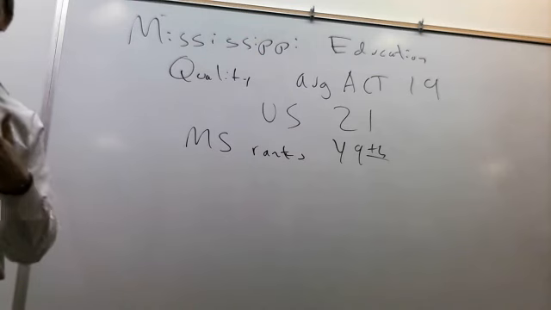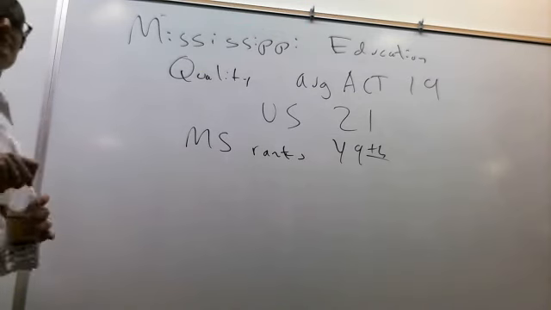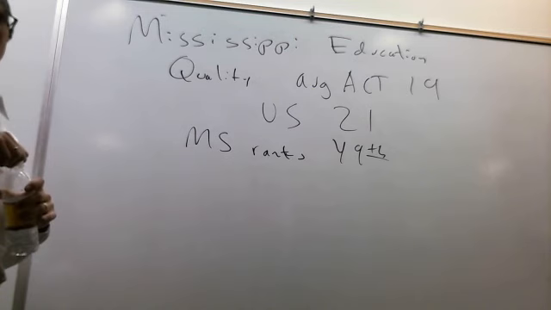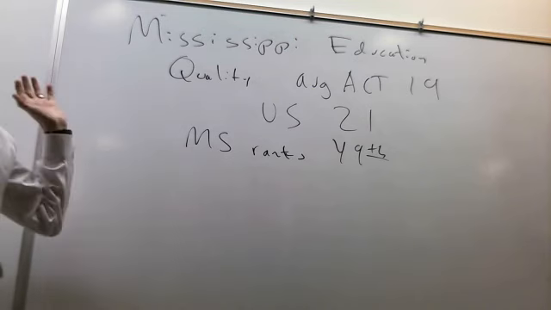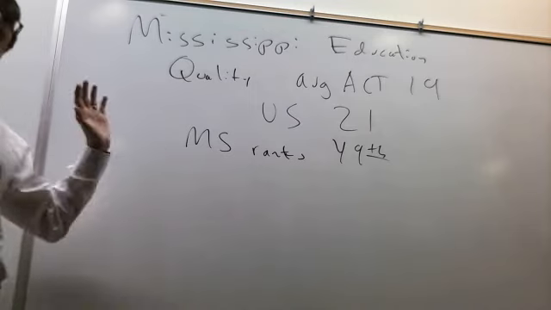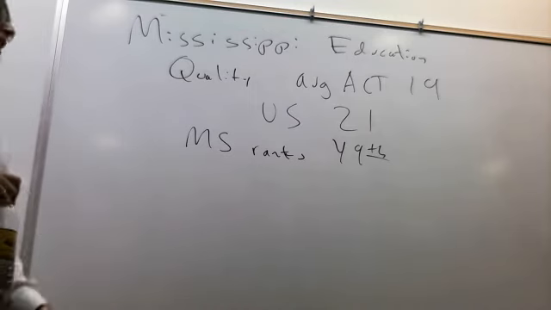So, what else distinguishes Mississippi in terms of socioeconomic factors? It's the poorest state, right? Poverty and education are positively correlated or negatively correlated, right? The more poverty you have, generally the lower educational outcomes.